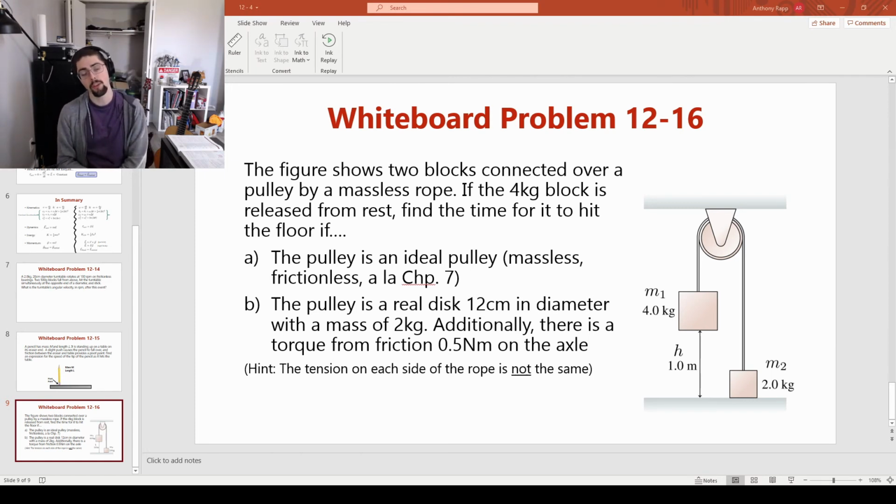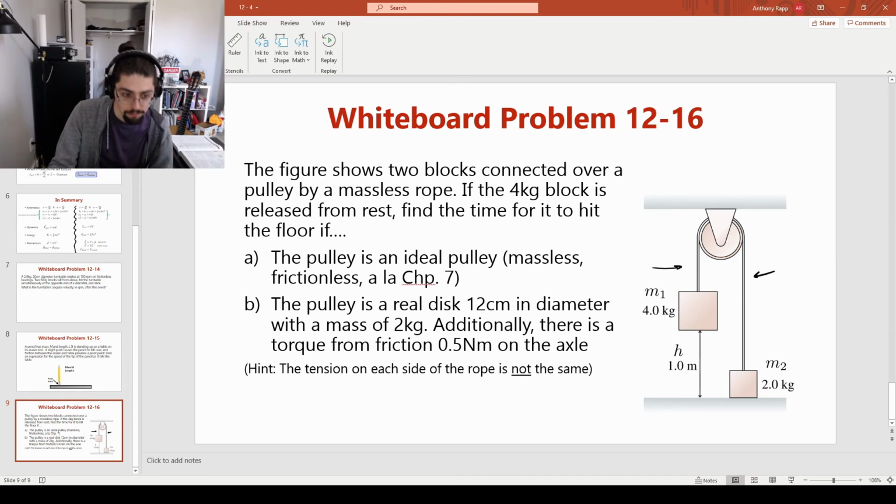As the pulley spins, it picks up a rotational kinetic energy, and that is energy that is no longer between the two blocks. Now we have a third piece where energy could be. What that also means is that to have gotten this angular speed, there had to have been a torque on the pulley, and the only way that there could have been a torque on the pulley is if the tension in this rope right here did not match the tension in this rope right here.